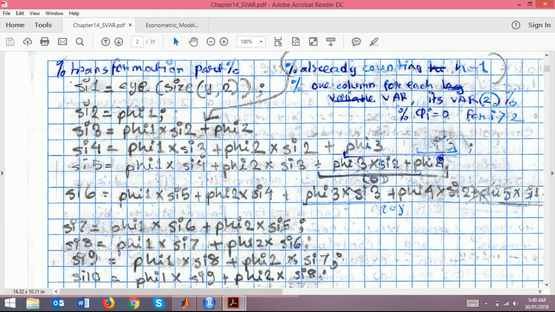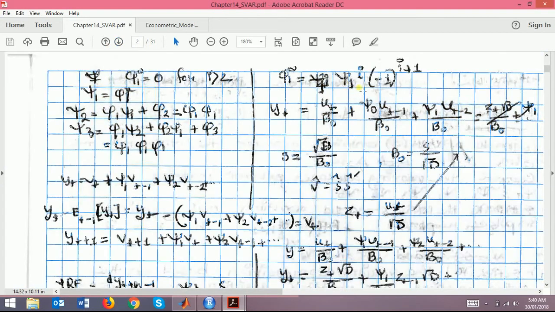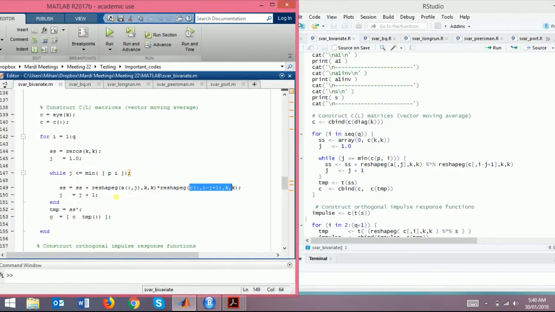Let's revise one more time. Psi 1 to the power I, minus 1 to the power I plus 1. So psi 1 to the power I, because this is the initial one, I naught, then psi 1 to the power I, and psi 1 starts from a j by k square matrix, just like phi 1.